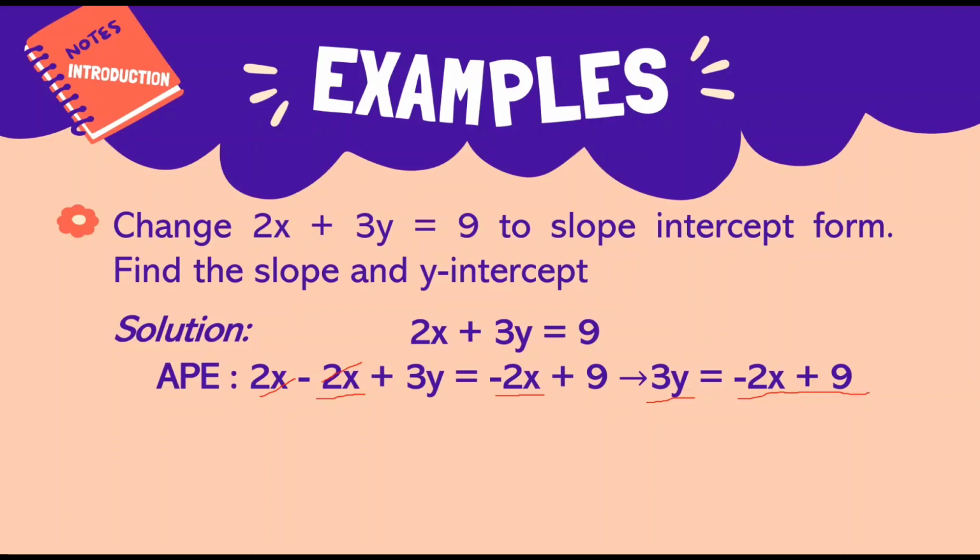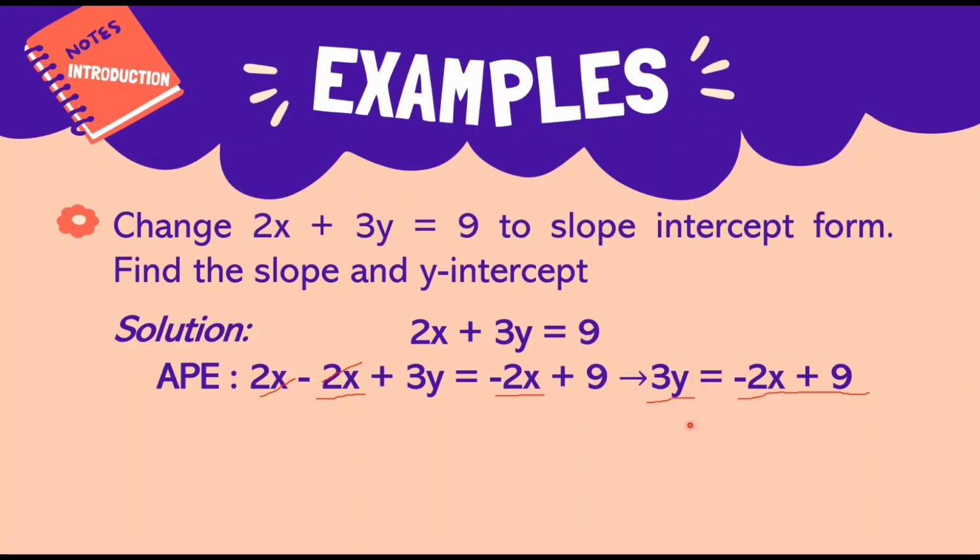Okay, so since ang ating numerical coefficient of variable y ay hindi pa 1, kasi diba dapat sa y is equal to mx plus b, ang y, ang numerical coefficient niya ay 1. So as you can see, meron tayong numerical coefficient na positive 3.